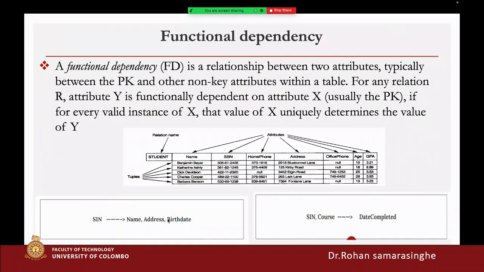So here you can see from this, in this relation, from SSN we can retrieve the address, and birth date is not given here, actually the age.